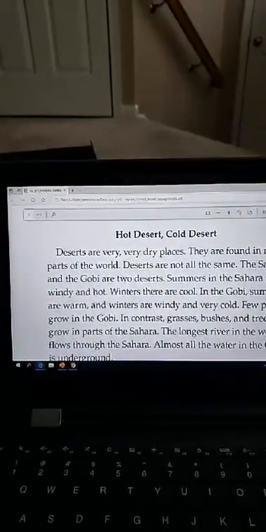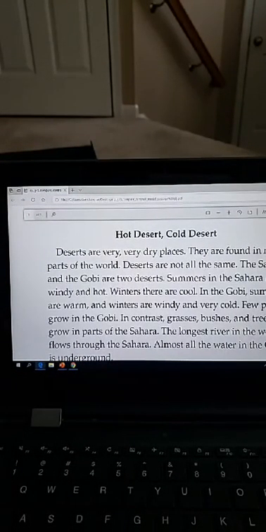Let's keep reading. Few plants grow in the Gobi. In contrast, grasses, bushes, and trees grow in parts of the Sahara.